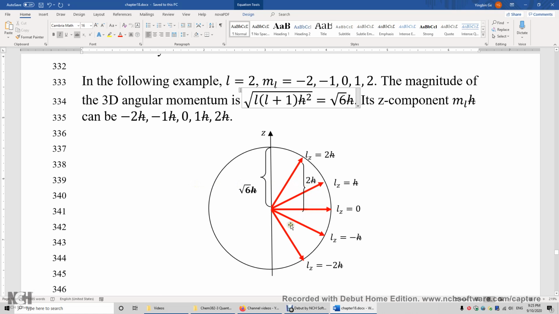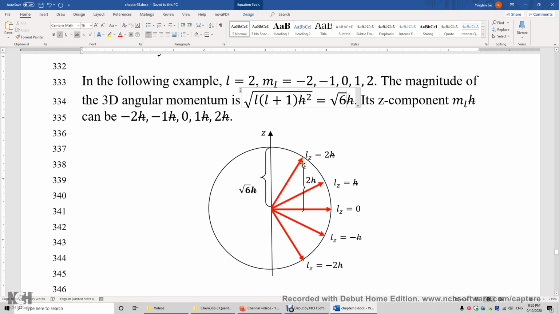So you are looking at 5 vectors here in red. Every vector has a length of the square root of 6 times h bar. So this is square root of 6 times h bar. This is also square root of 6 times h bar. Same here, same here, same here. 5 different vectors, and their z components are also different.